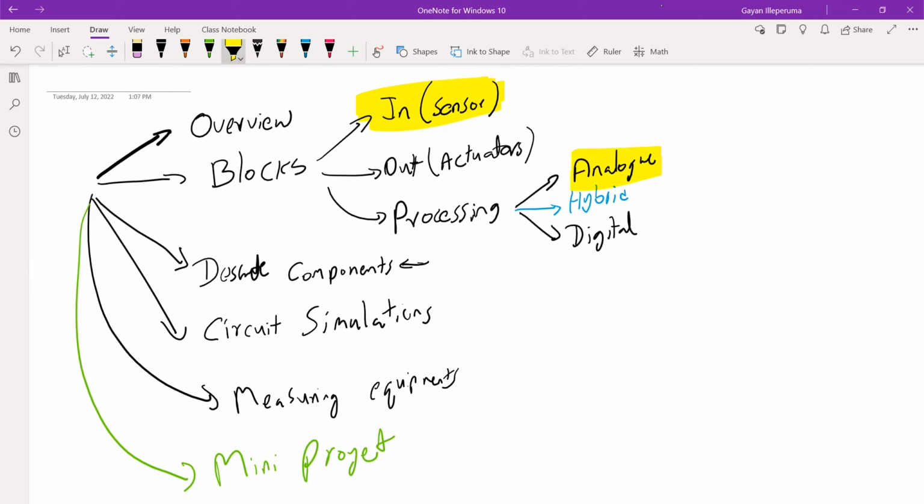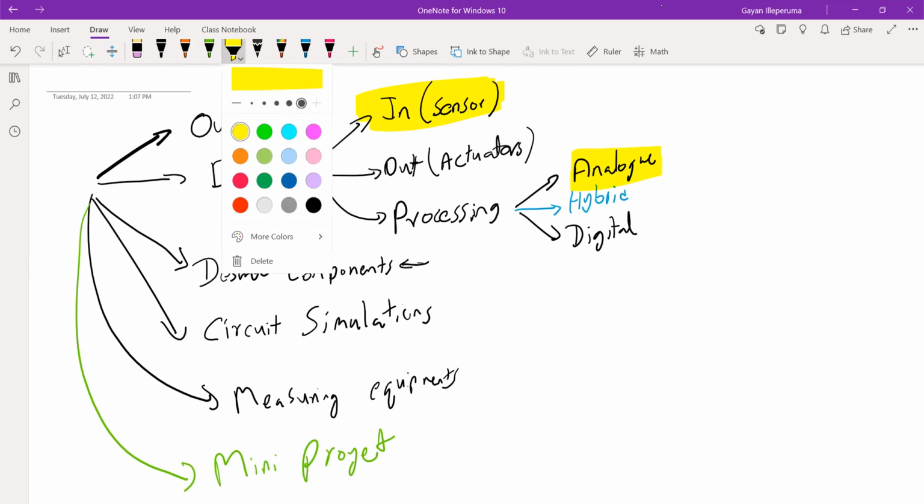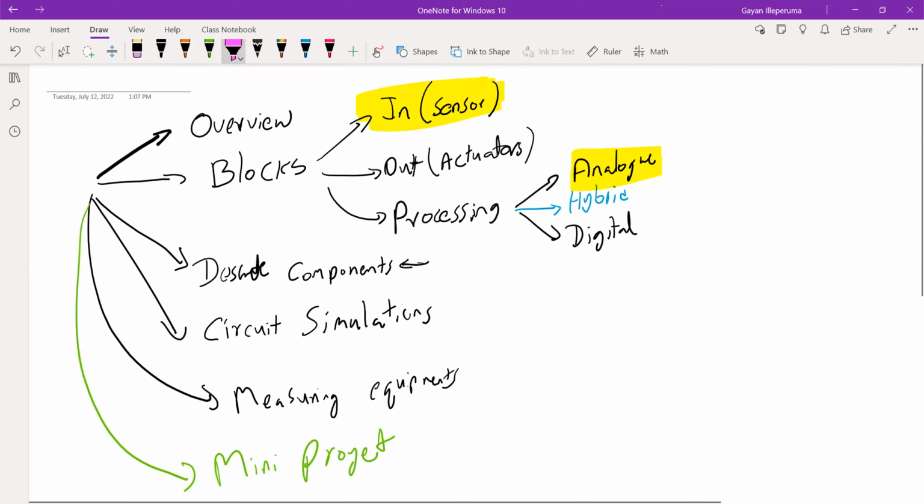So if you are feeling confused, keep in mind that our main objective here is this one. We learn about different types of blocks. By learning about these blocks, you will be able to design a circuit. The rest of these tools are there to help you design it, implement it, and test it.